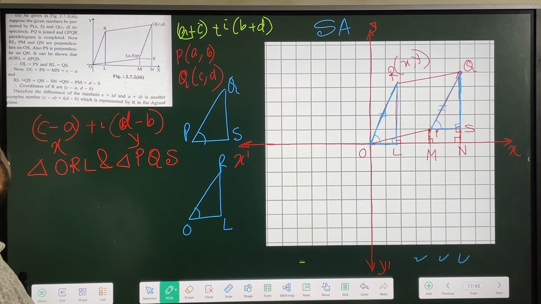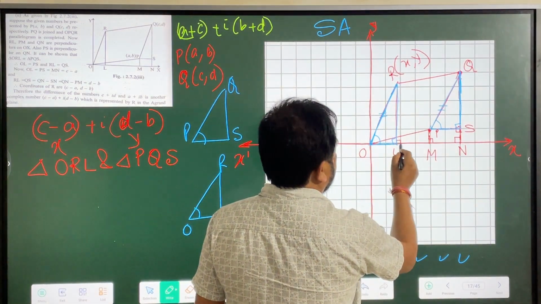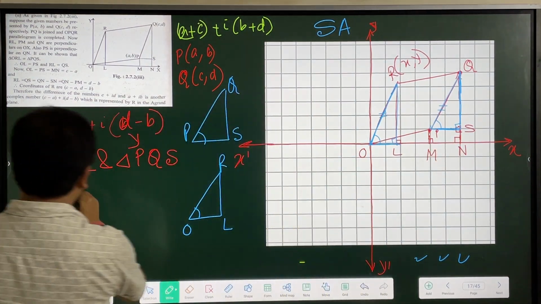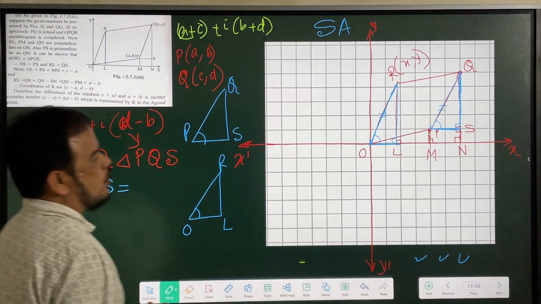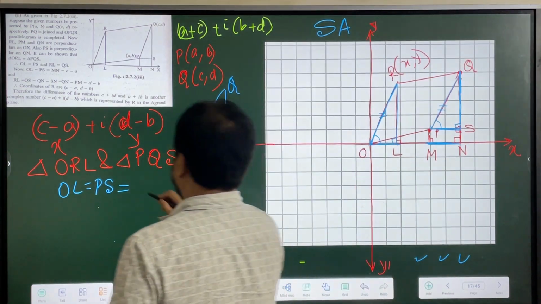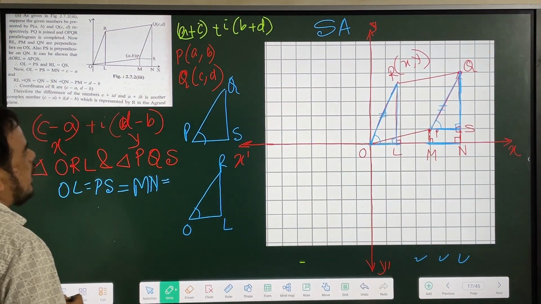OL and PS are equal, the distance from here to here is equal. So OL equals PS, and MN.